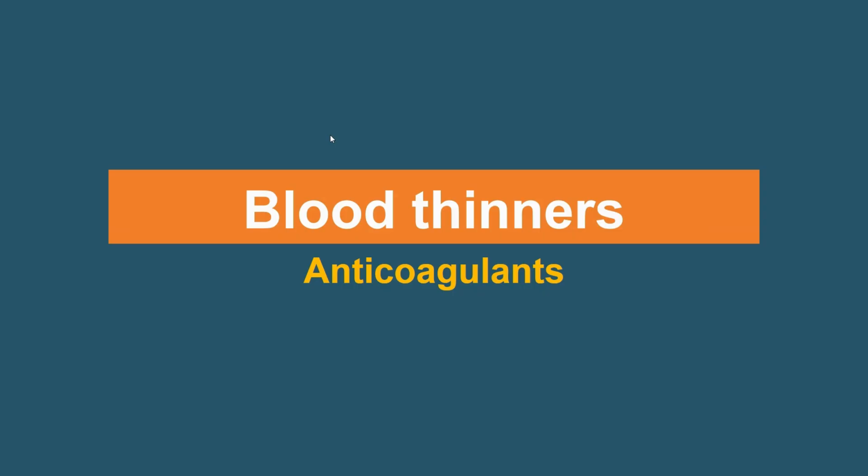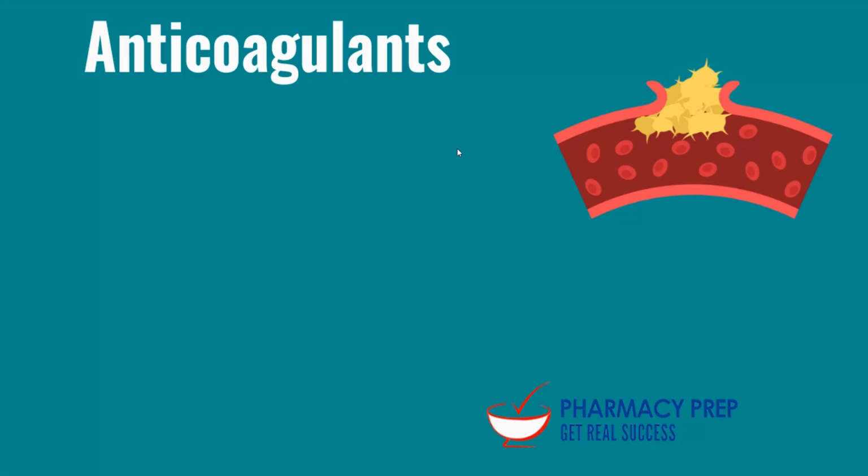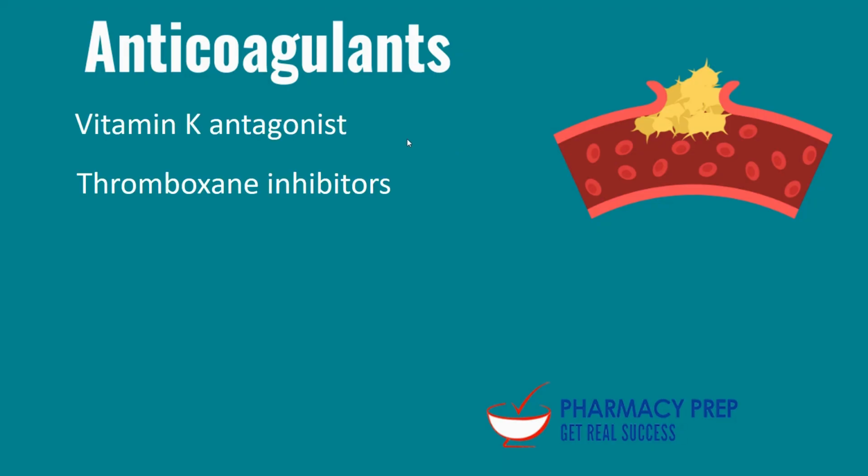Next class of drugs include blood thinners, also known as anticoagulants. The blood thinners include vitamin K antagonists, thrombin inhibitors, and then factor 10A inhibitors. These three classes of drugs are also known as oral, or PO, anticoagulants.